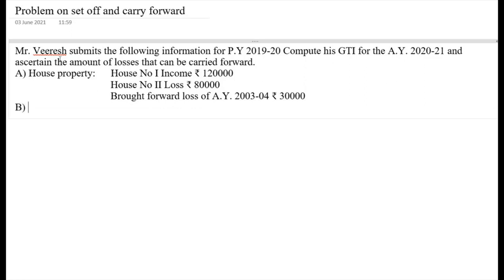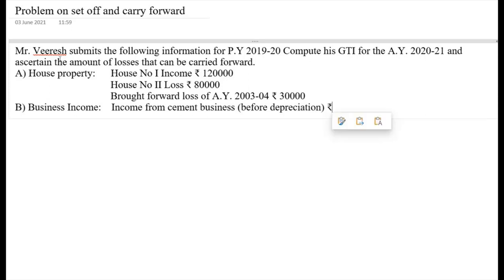Next, B, business income from cement business before depreciation, rupees 1 lakh.